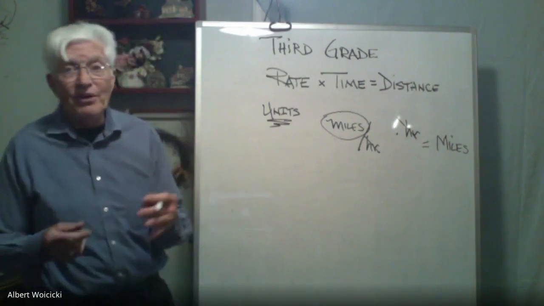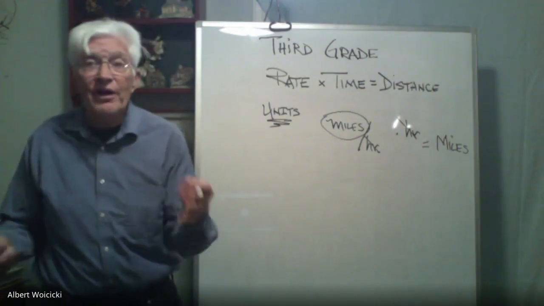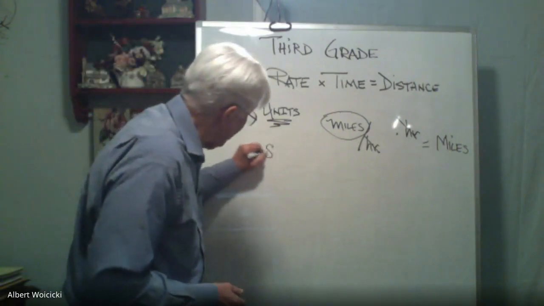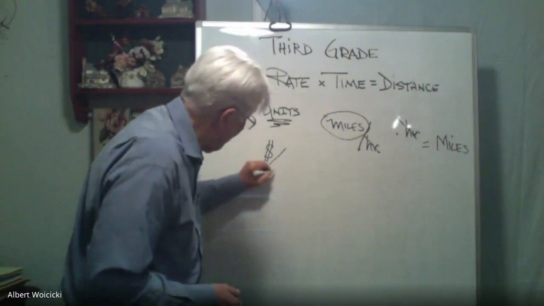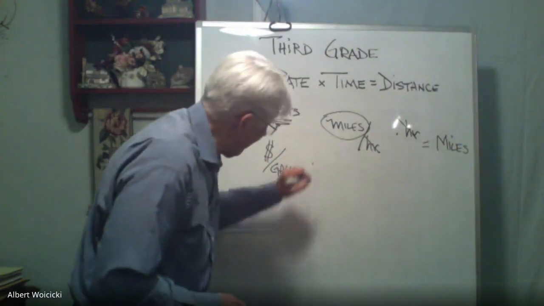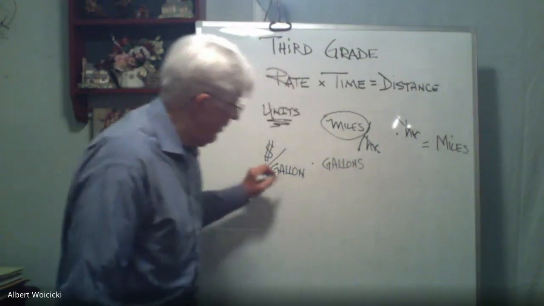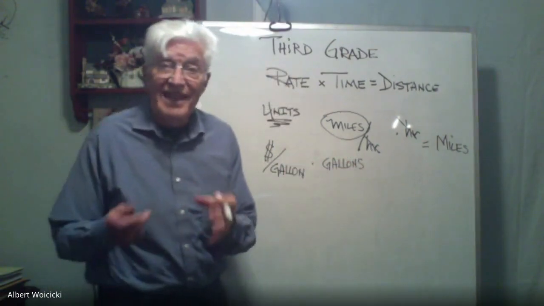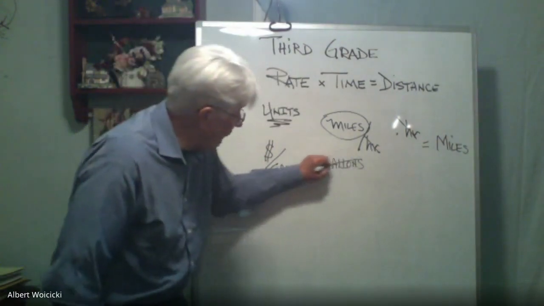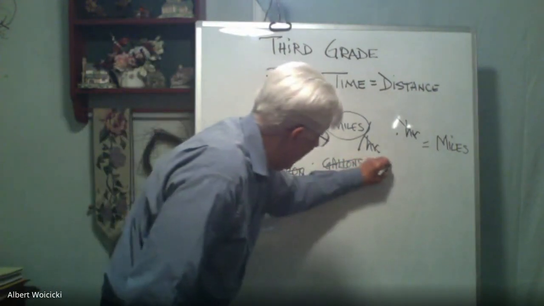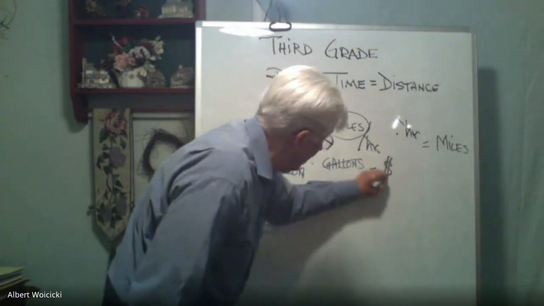Another example here is cost per gallon. Let's say I'm using cost or dollars per gallon. And if I multiply that by the amount of gallons that I'm going to be putting into my tank, then I can cross these out and it tells me how much money I spent.